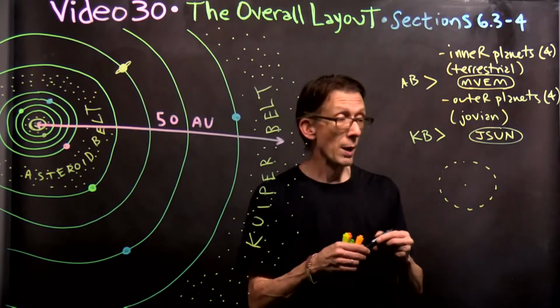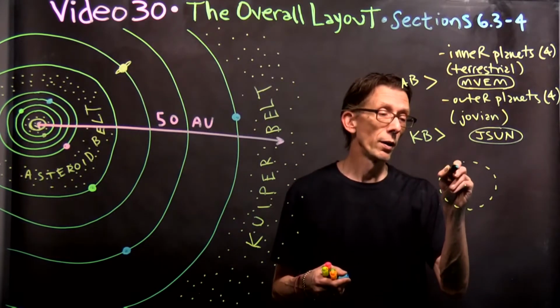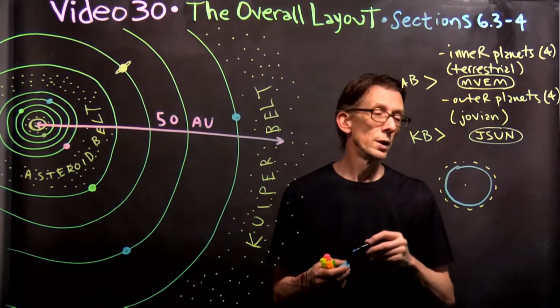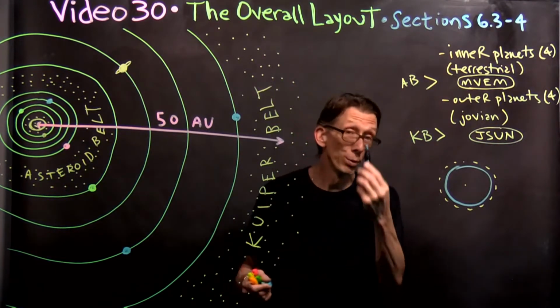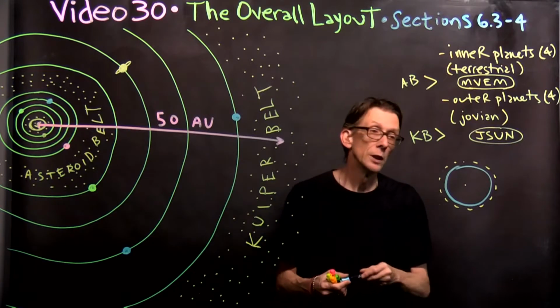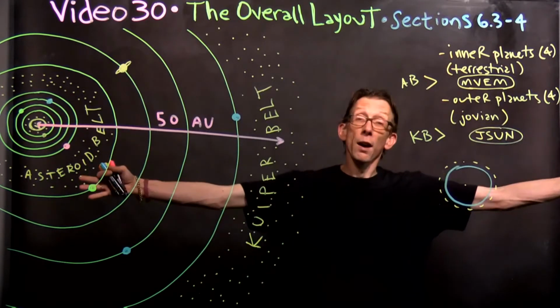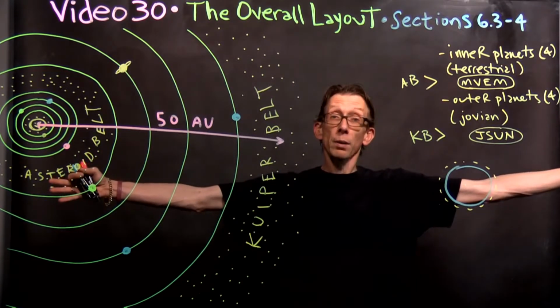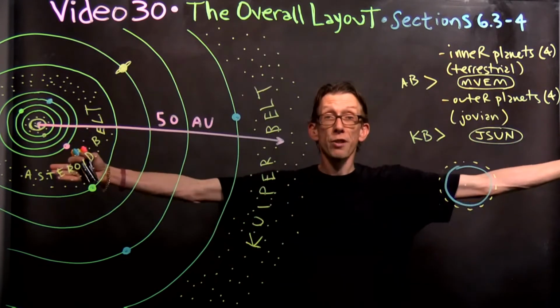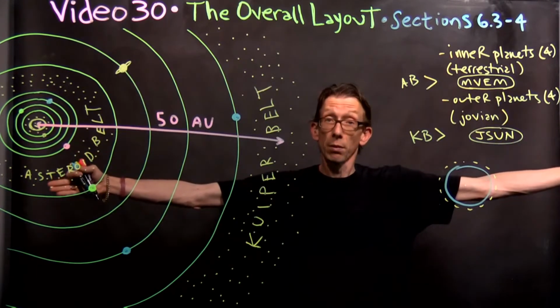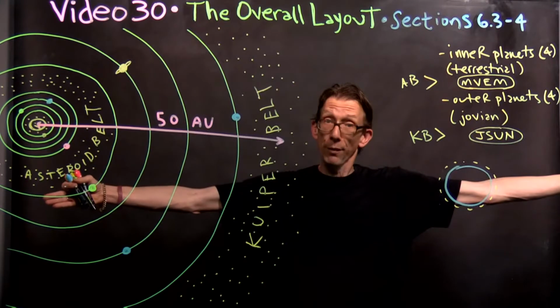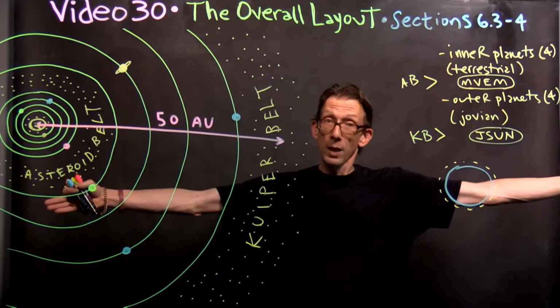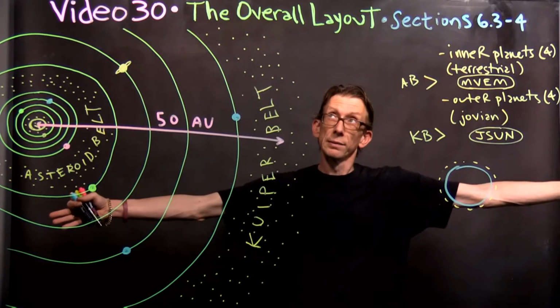In this picture here, Neptune's orbit would be about right there. The Kuiper Belt's beyond that. I use blue because Neptune is so very blue. So the Kuiper Belt's about 100 AU in diameter, and you can put about 2.5 million Earths across it from one edge to the other.